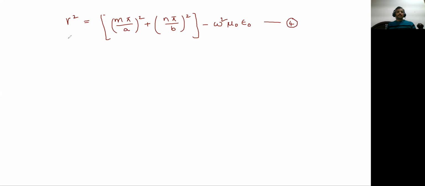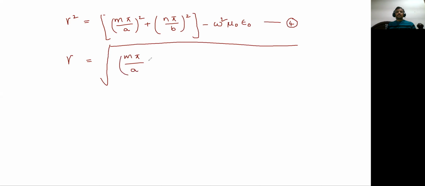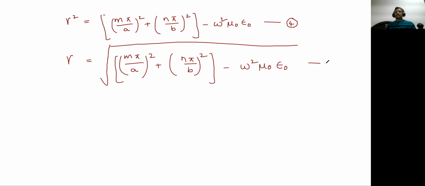And the expression for gamma now will become the whole under root of m pi by a whole square plus n pi by b whole square minus omega square mu naught epsilon naught. Call this equation number 5.